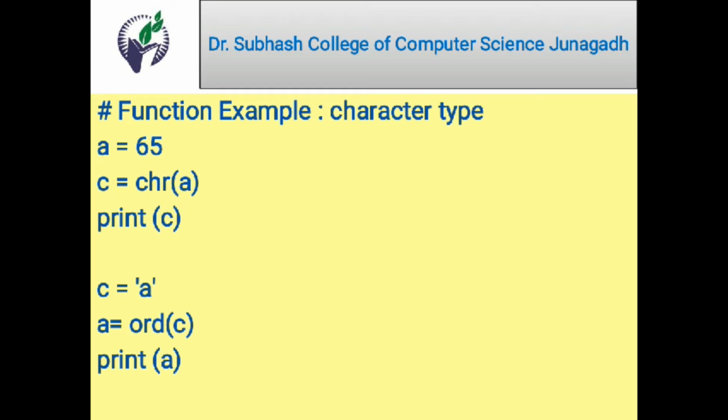Today we have seen a number of functions: int to convert any data type, such as string or real, to an integer. Then we have seen bin, hex and oct, where we converted an integer to binary, hexadecimal or octal. Then long, which is similar to integer but with an increased range.